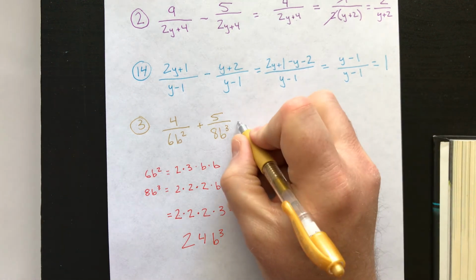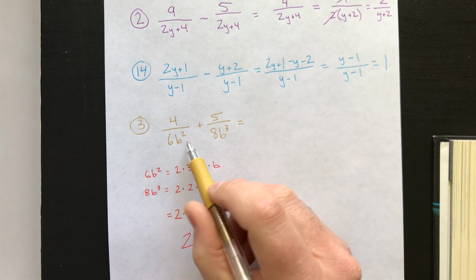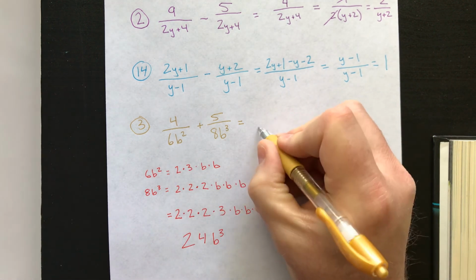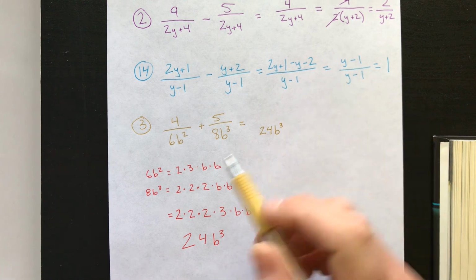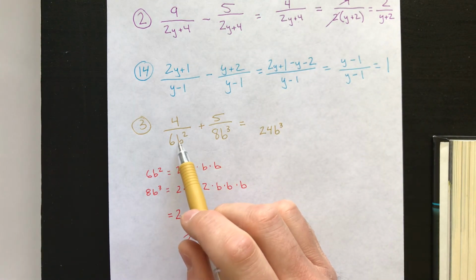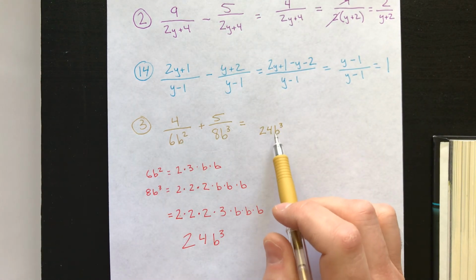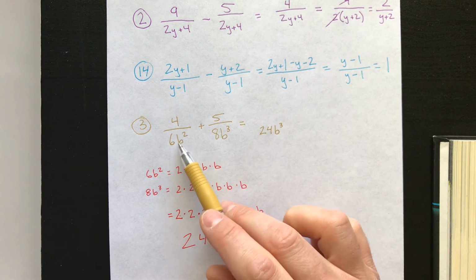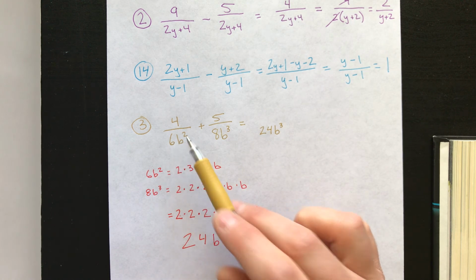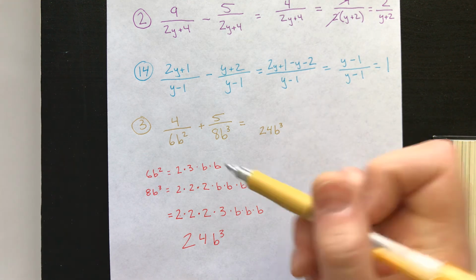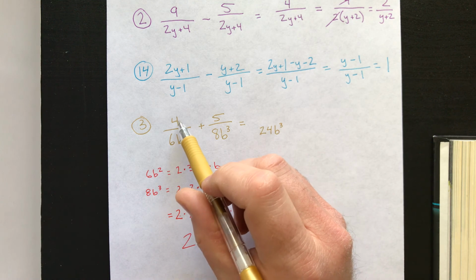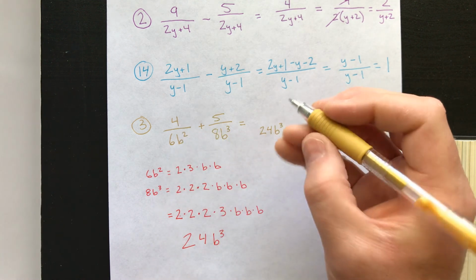So this 6b squared becomes a 24b cubed. And how do you get from 6b squared to 24b cubed? Well, you multiply by a 4b. So I need to multiply the numerator by a 4b.